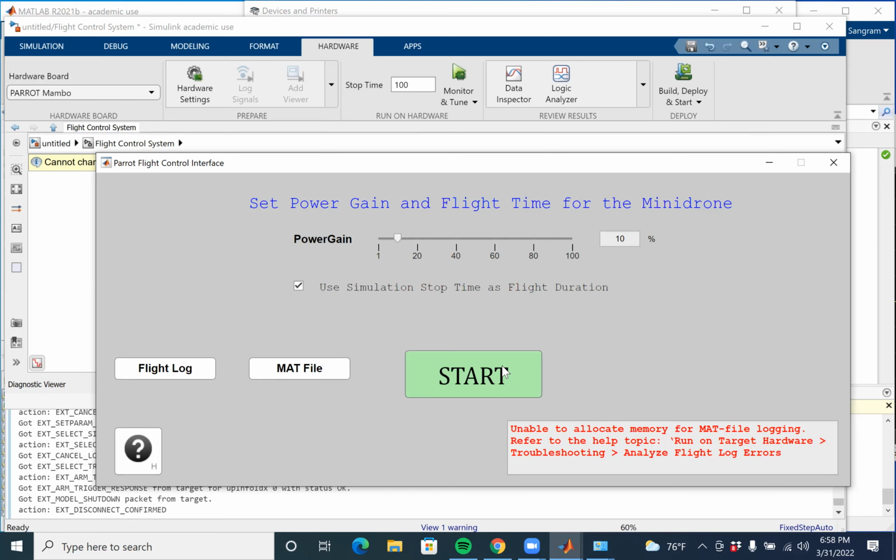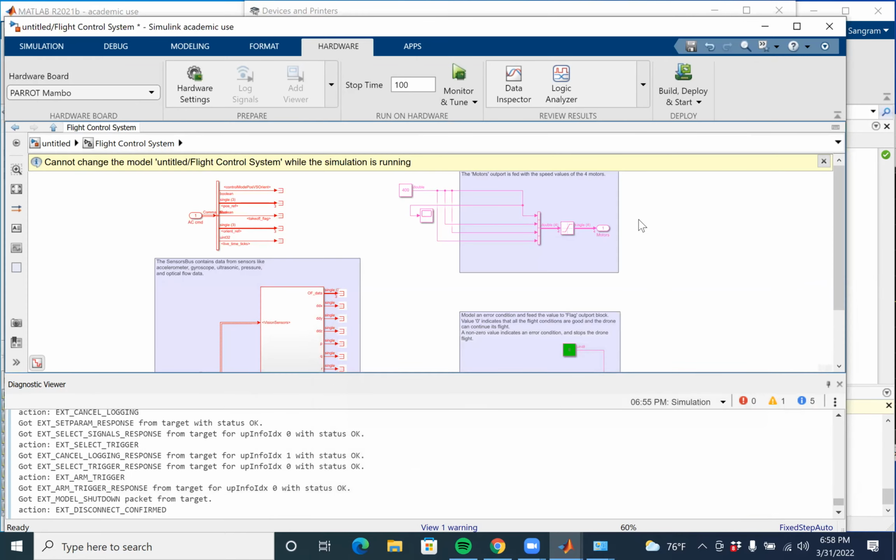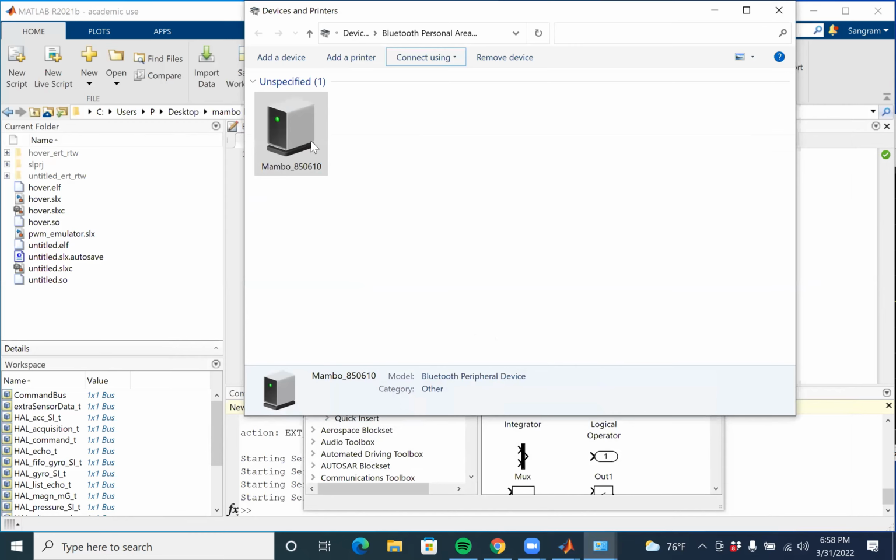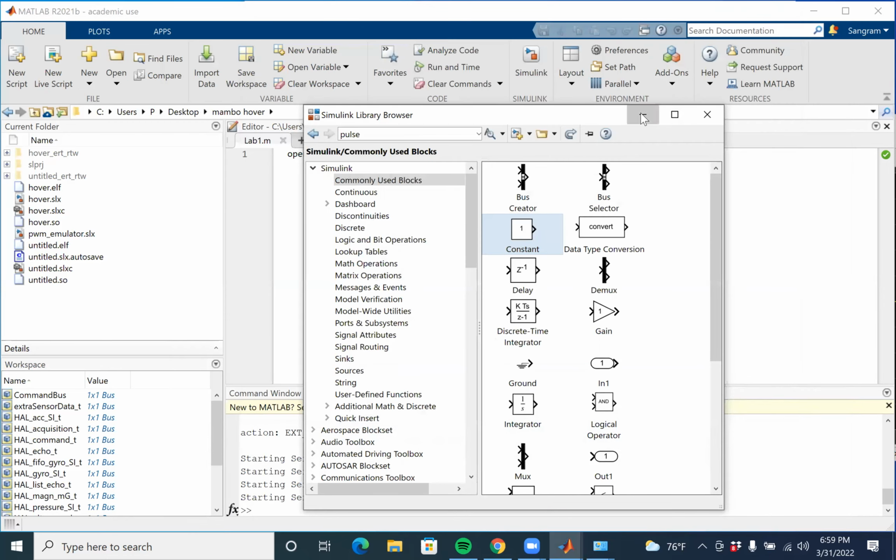Are you with me? So now what I want you to do, at least the students who are in class, is go to your complementary filter code.